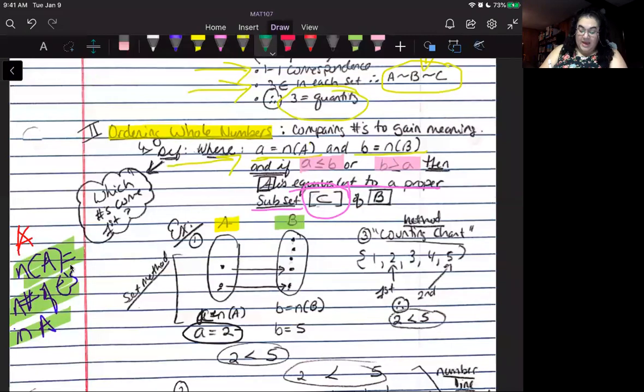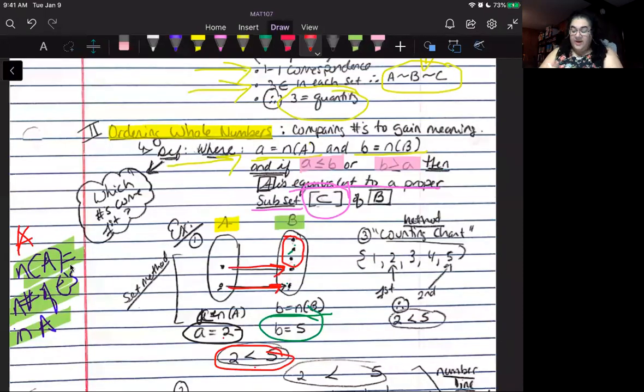And if b represents the number of elements in set B, then b is equal to 5 because there are 5 elements in set B. Now, using our one-to-one correspondence, you see that we can only correspond the 2 elements in set A to 2 elements in set B, and then set B has all these elements left over. When the number of elements in set A is less than the number of elements in set B, we can say that 2 is less than 5, and that is what we've done right here.